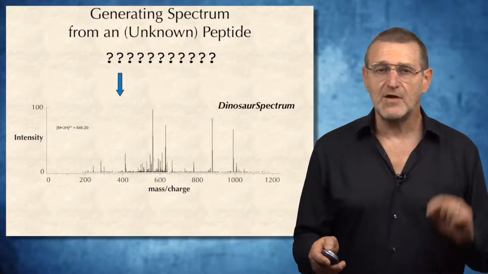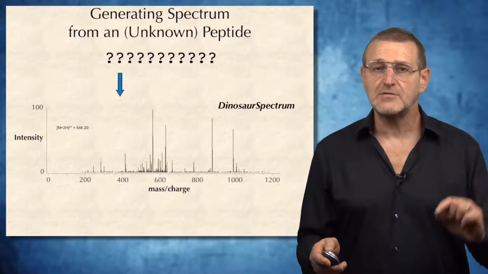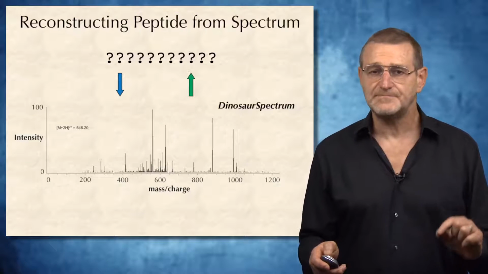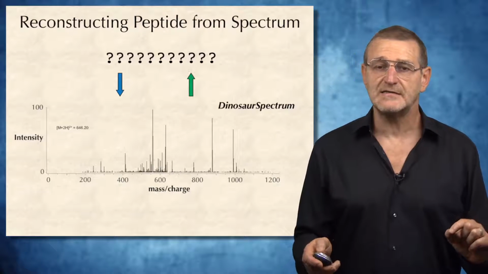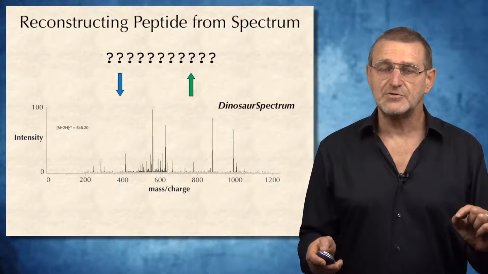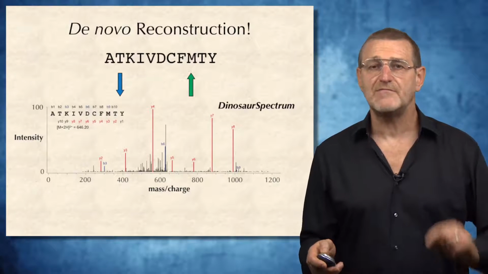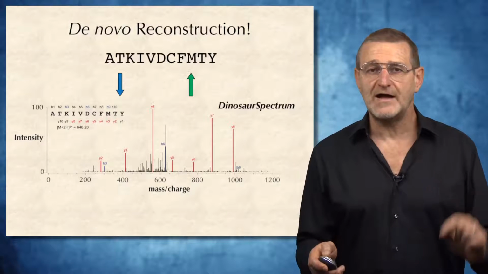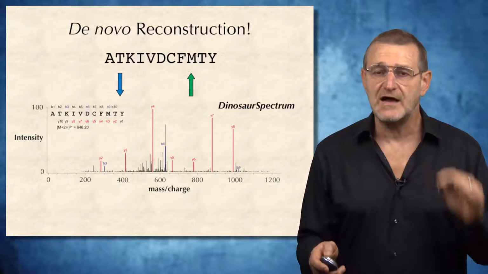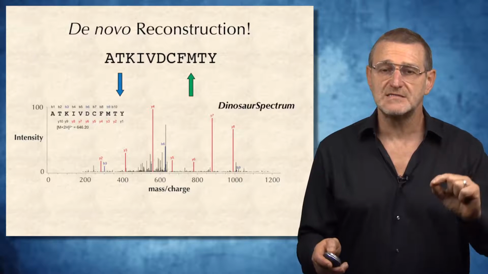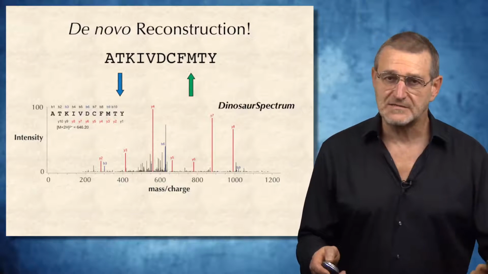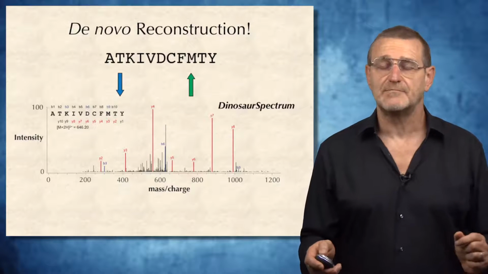After we learned about spectral vectors, it looks like the solution of this problem will be easy. Indeed, it may appear that the only thing we need to do is to simply find de novo reconstruction of this spectrum, or to find the peptide with the highest score against this spectrum. Before that, of course, we will transform the spectrum into a spectral vector.